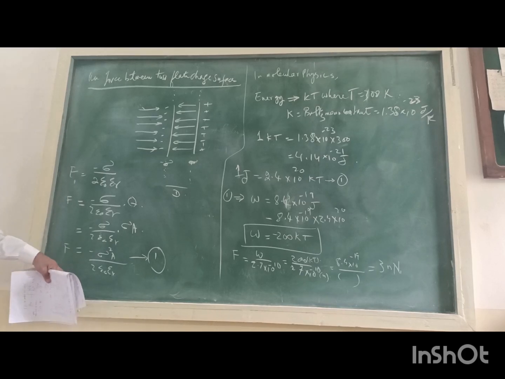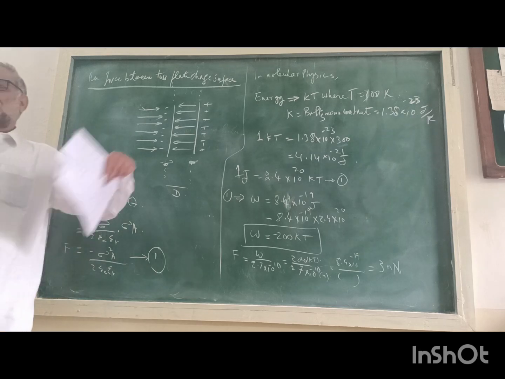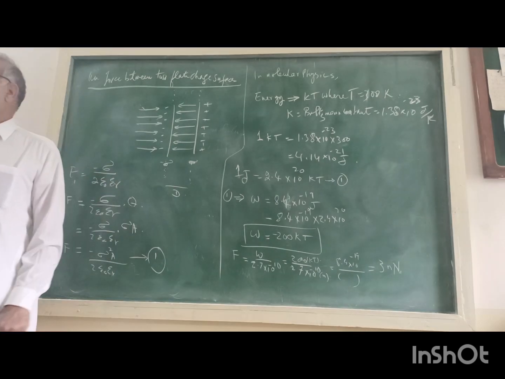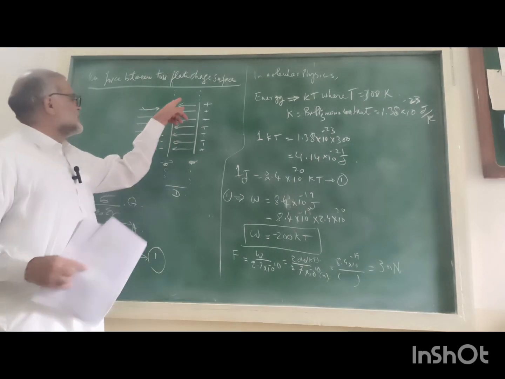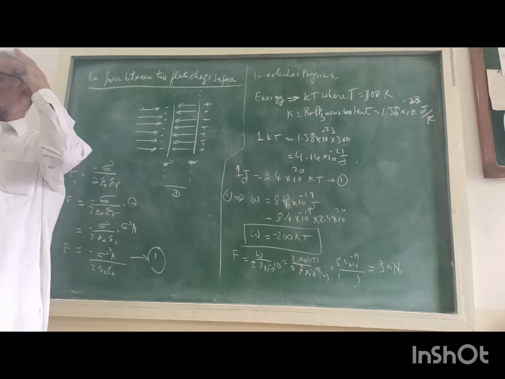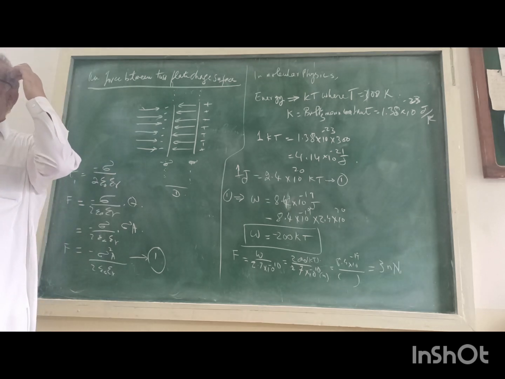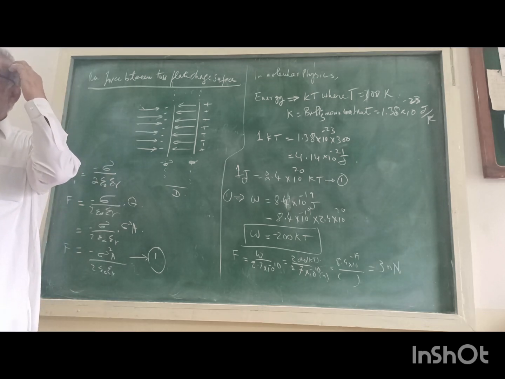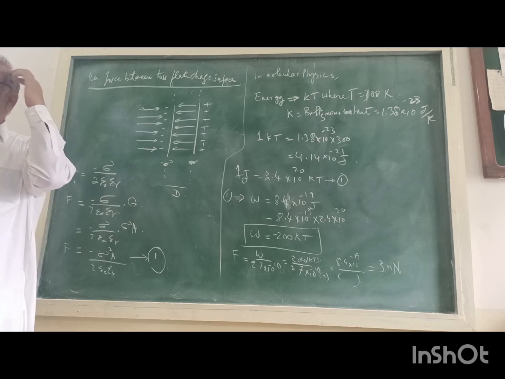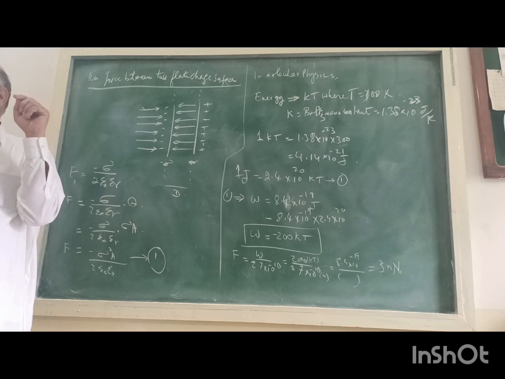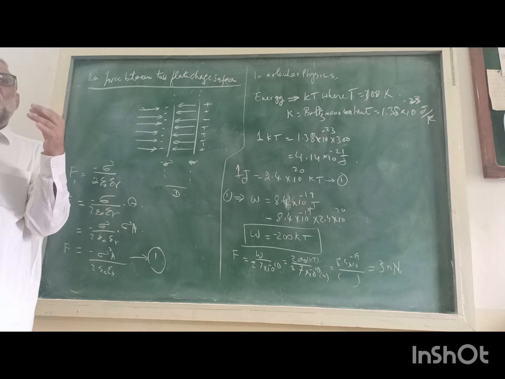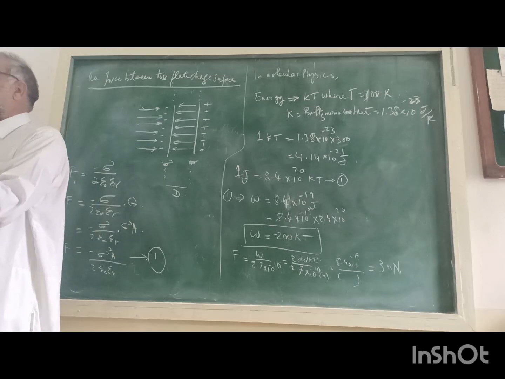This force is independent of the distance. It's because we consider the plates to be very long, and the lines of force are all parallel. So when the lines of force are parallel, the field is uniform. When the field is uniform, it is interacting with a single charge, anywhere it will have the same force.